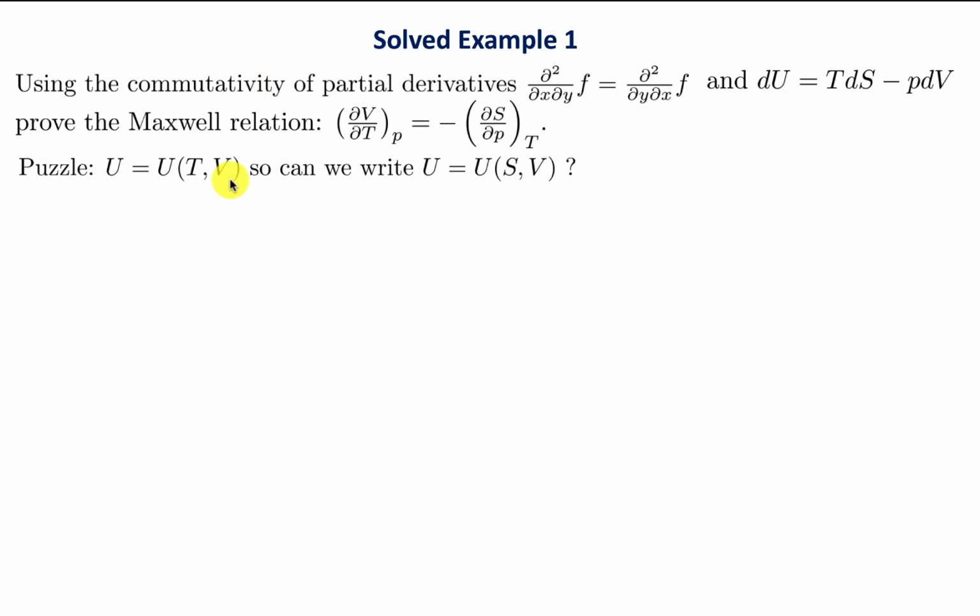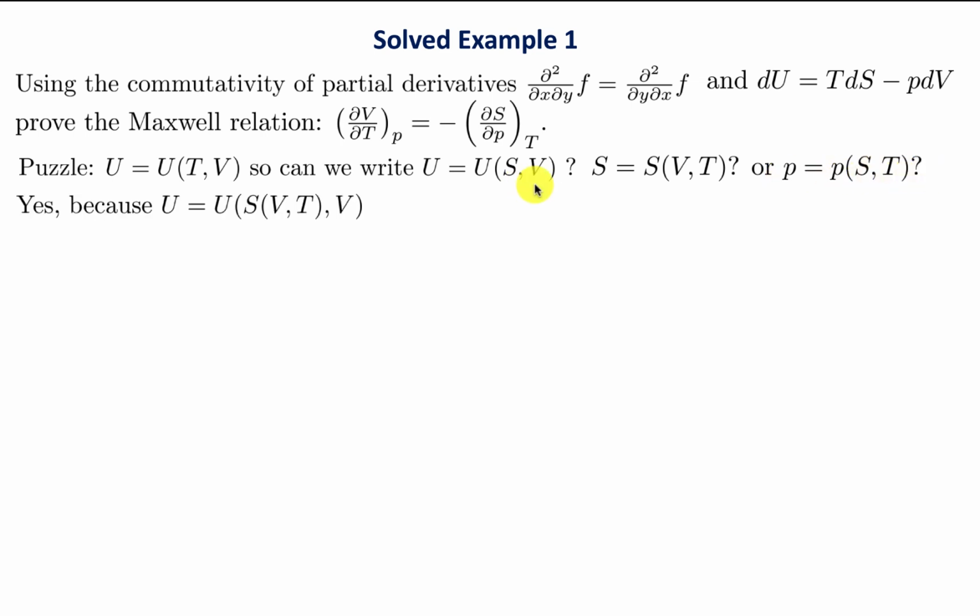We can, if we like, write U, the internal energy, as a function of T and V, but can we also write it as a function of the entropy and the volume? Can we write the entropy also as a function of the volume and the temperature? Or the pressure as a function of S and T? The answer is yes. In fact, we've already done a calculation in which we could find the entropy, or rather the change in entropy, when we change the volume or the temperature.